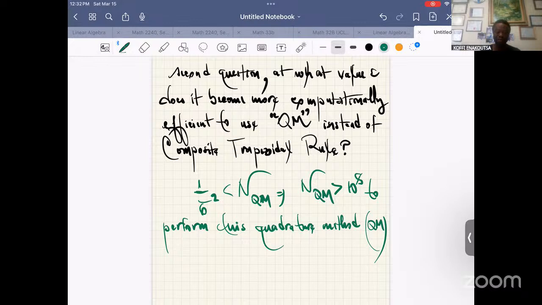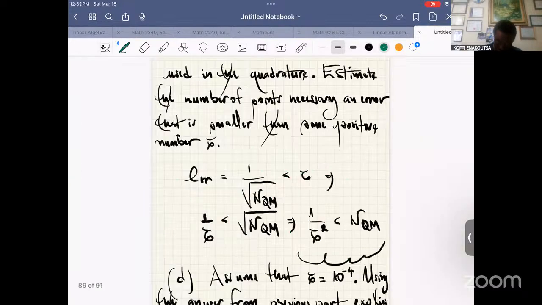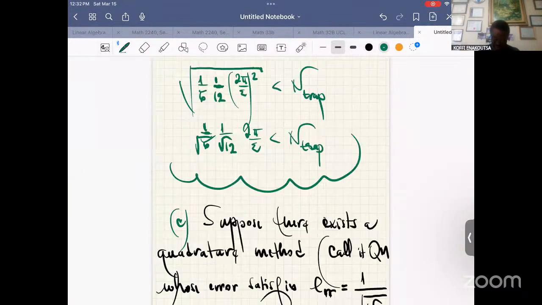Now, the second question asks to use the answer for part B. The answer from part B is the CTR, and NTRAP was greater than... let's go back there and see. It's the CTR, yeah, this one.